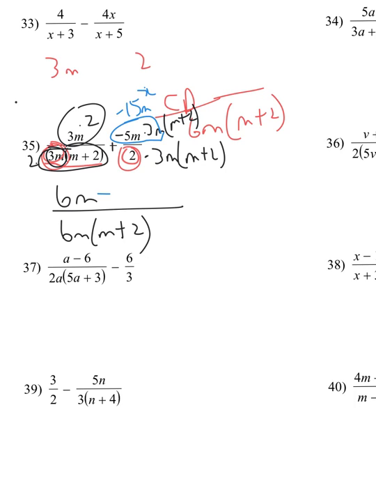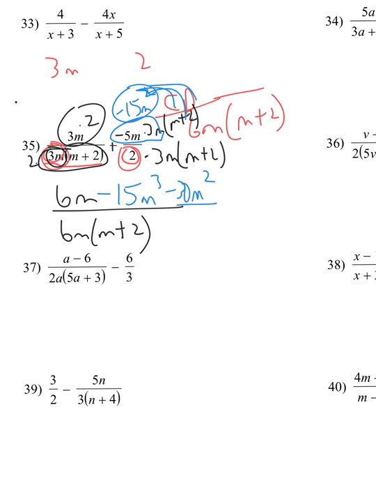and I am going to distribute that to m plus 2. So it's going to be negative 15m cubed minus 30m squared, if I take my negative 15m squared times 2. Now, can I factor the top?